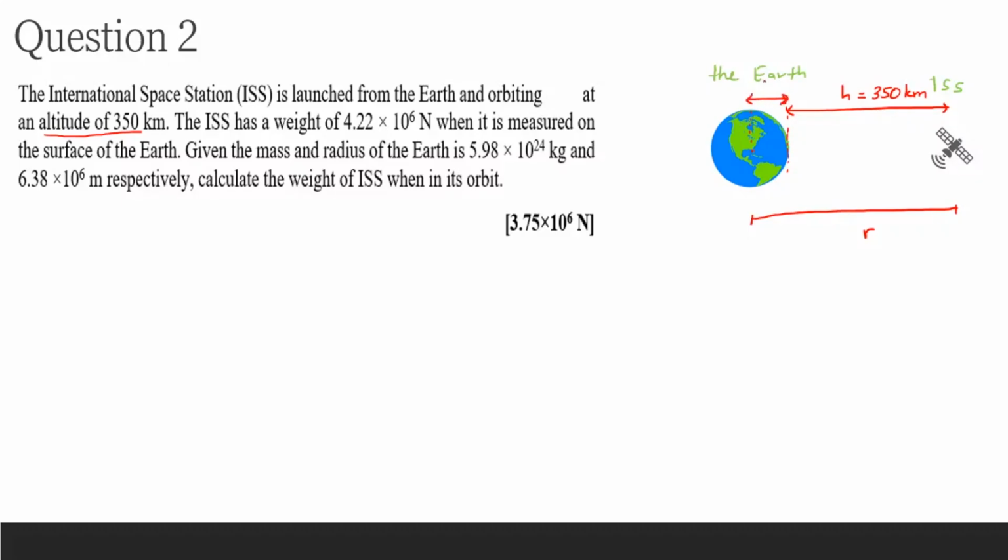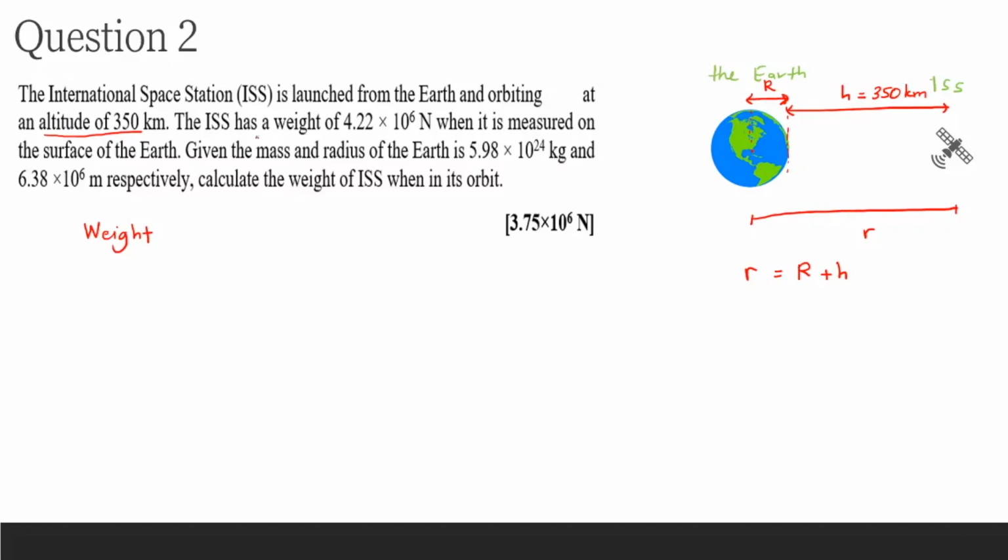This distance is radius. Ni semua orang tahulah radius. So, kita boleh conclude that R is equal to capital R plus height ataupun altitude. Okay. So, yang ini kena faham sebab kat sini penting lah. Okay. What's next? We have weight.